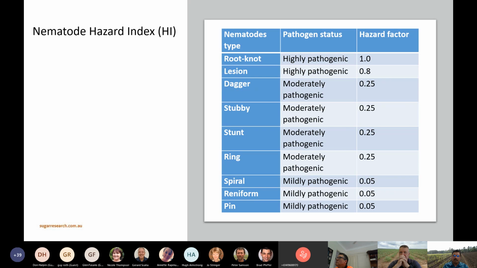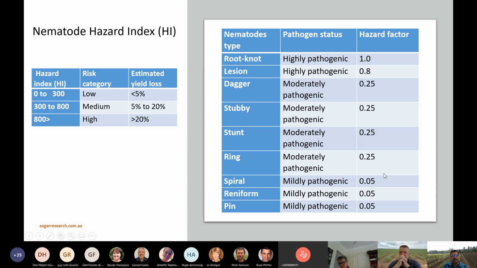For example, if root lesion nematode does 80% of the damage caused by root knot, it is scored accordingly. After collecting the nematodes, we made the hazard index. The good thing about the hazard index is that we can relate it to risk, and then to yield loss.